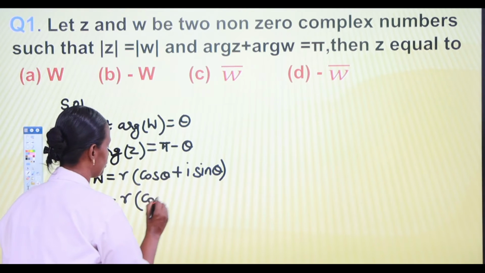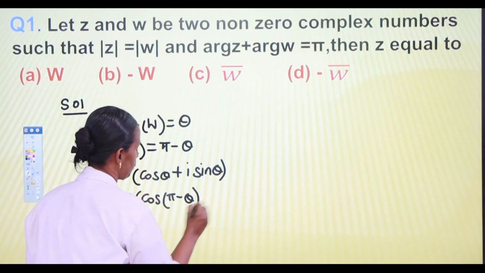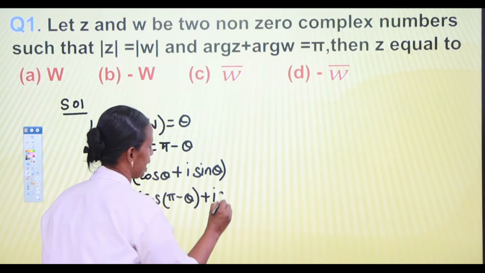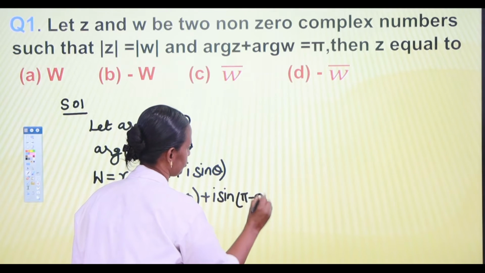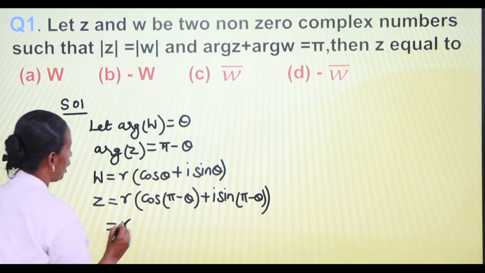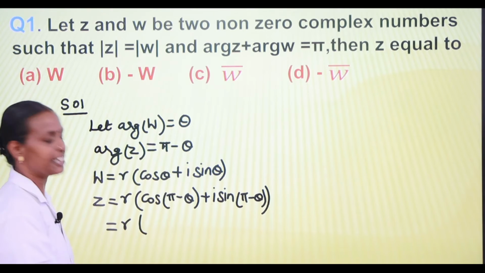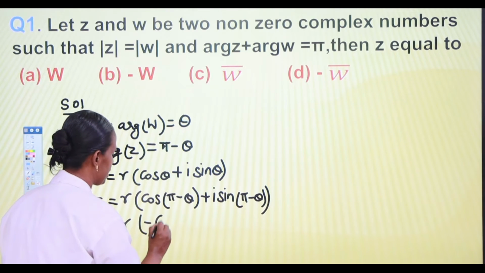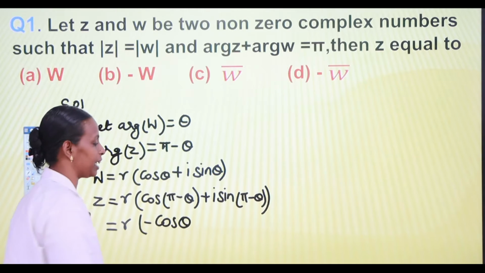So, Z equals R into cos of pi minus theta plus i sin of pi minus theta, which is equal to R into cos of 180 minus theta, that is minus cos theta, plus i sin of 180 minus theta, that is sin theta.